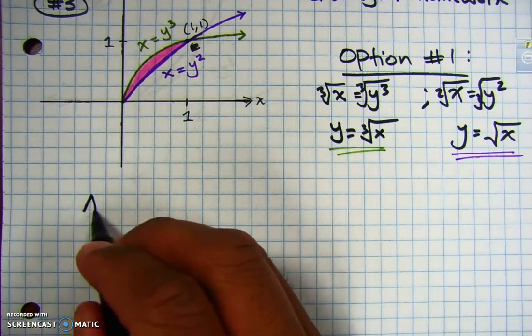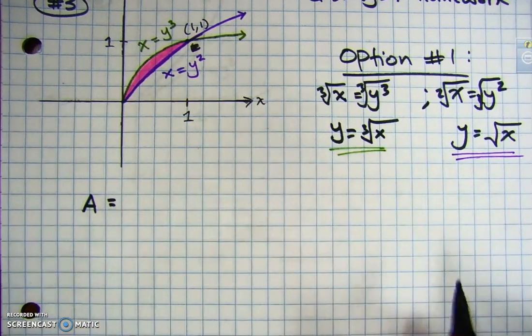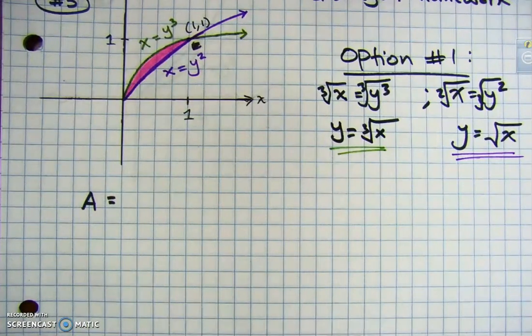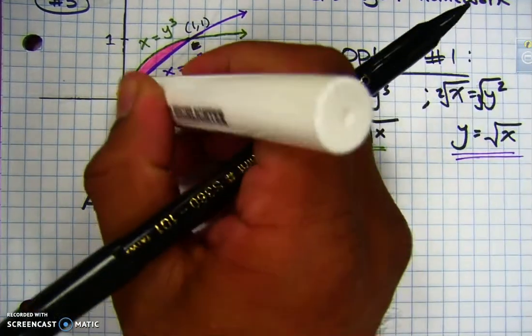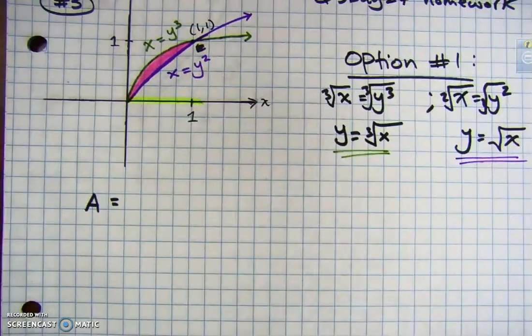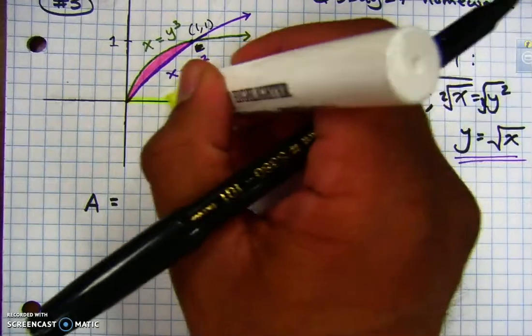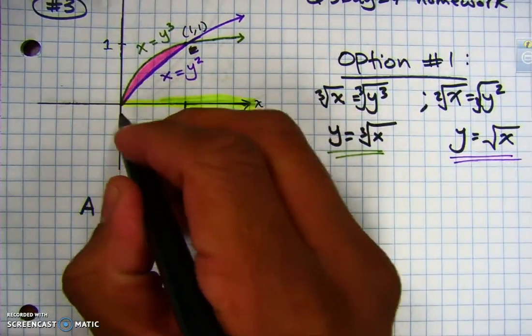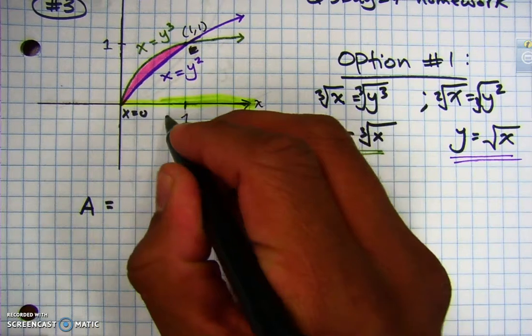So area is equal to the integral from, now we're using x values. Since we are in terms of x, we are looking at the x-axis for our limits, and it goes from x equals 0 to x equals 1.